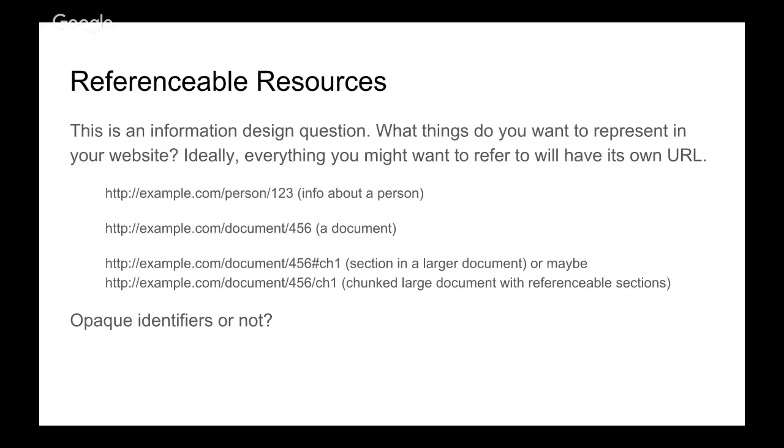Do you want to kind of break things up into usable chunks, rather than either just giving people a giant download, or again, hiding your information behind a query interface? So some examples here, you might have information about a person, for example, in the first URL. You might have information about a document in the second.